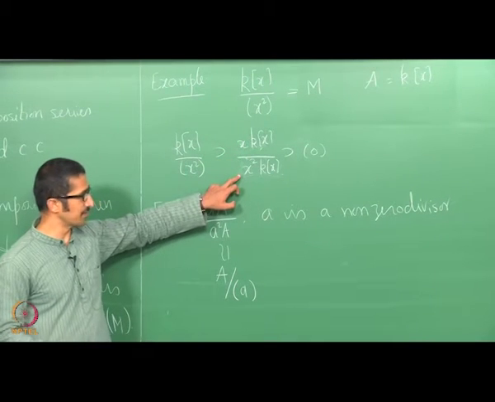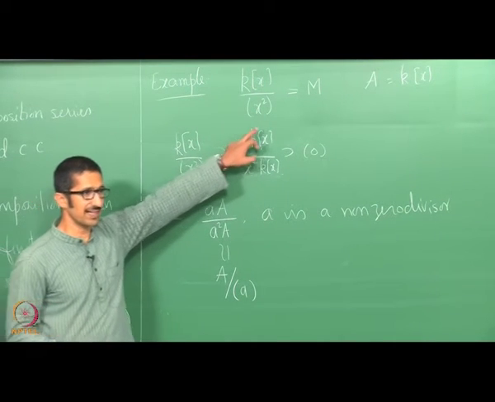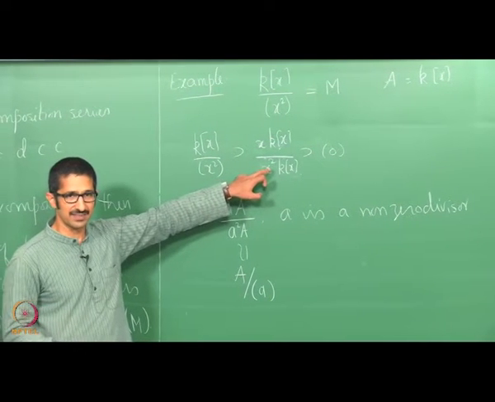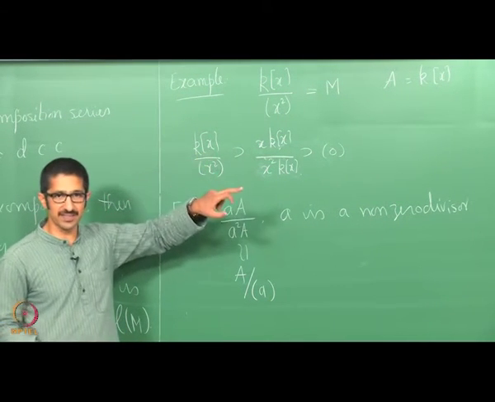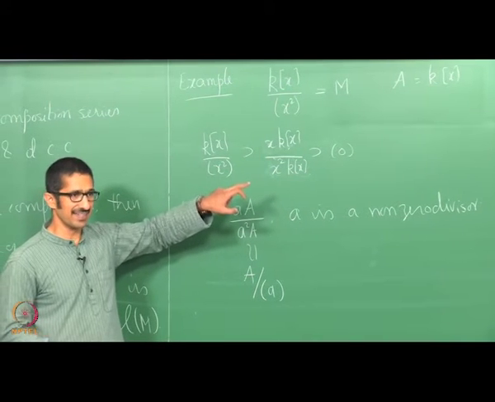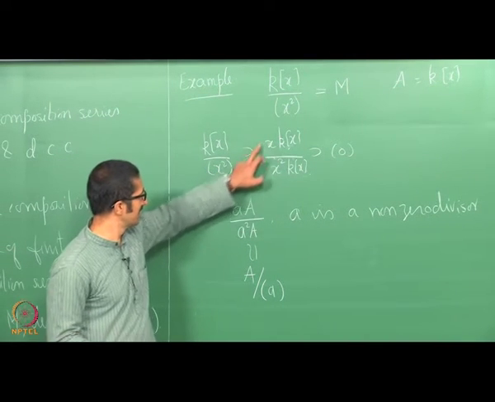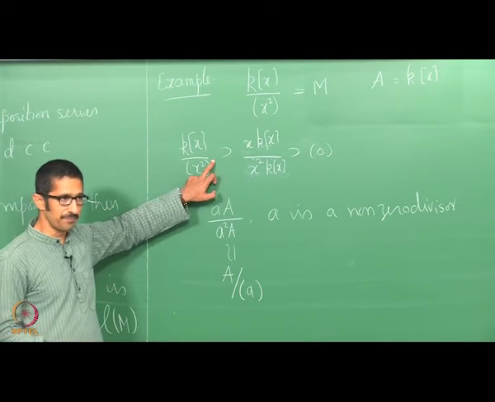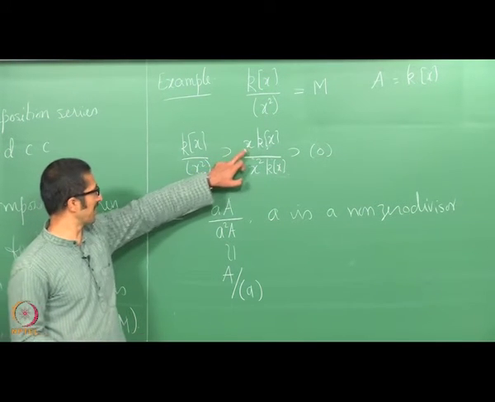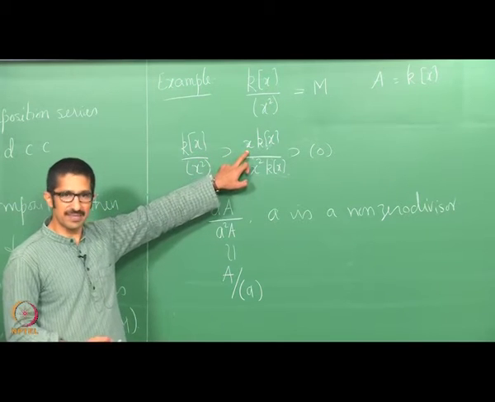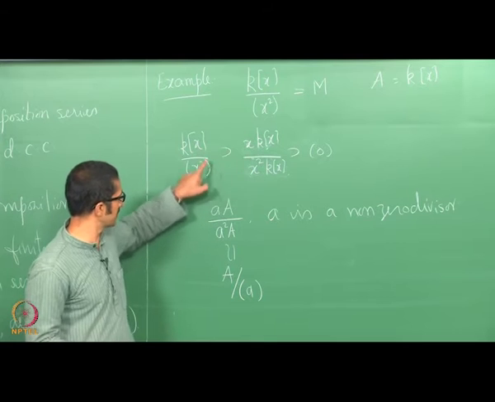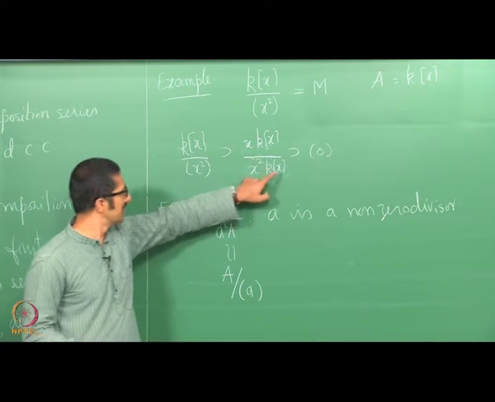So, this is isomorphic to kx mod the ideal generated by x, but what is kx mod the ideal generated by x? It is K. So, this is a maximal submodule of this. The ideal generated by x is a maximal ideal here, so this modulo this is simple.